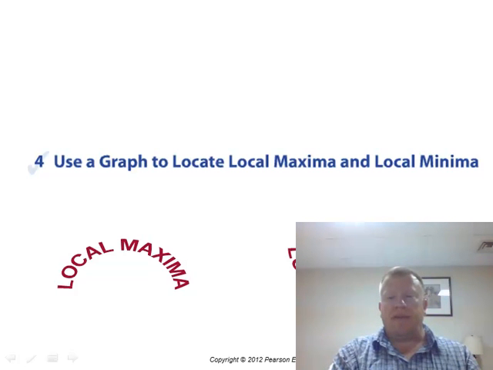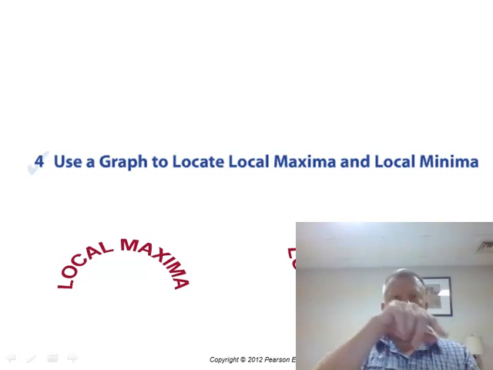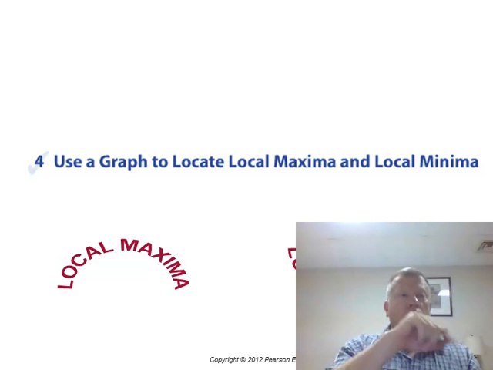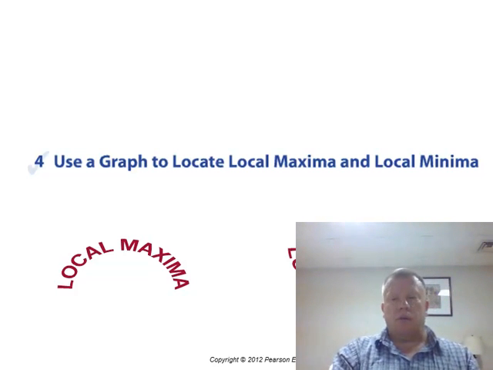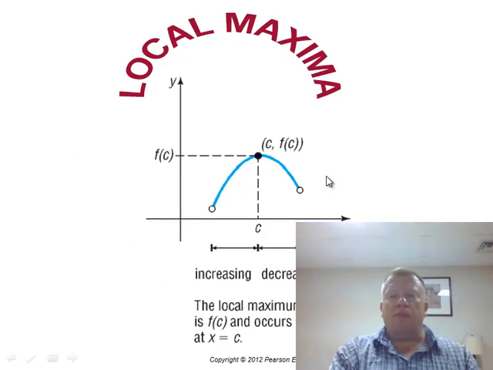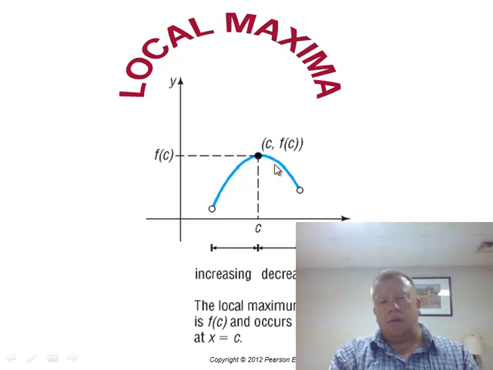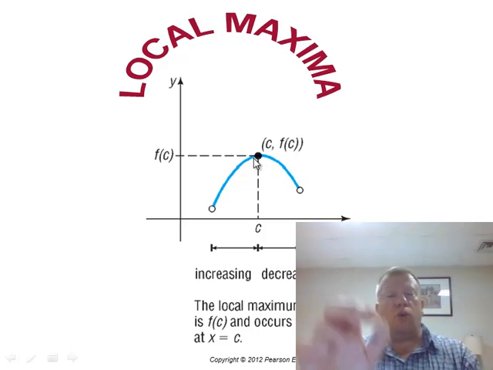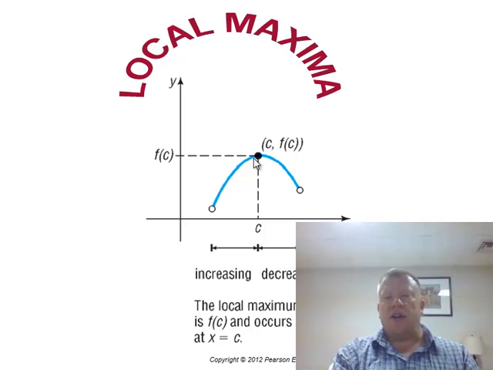And where we have local minima, it's places where your function has these localized minimum values. All right, so here's kind of a picture of a local maximum value. It could also be a global or absolute maximum value, but this certainly qualifies for a local maximum value.